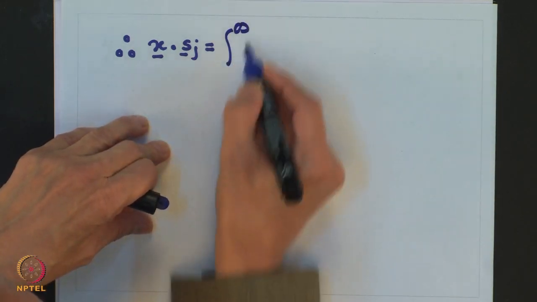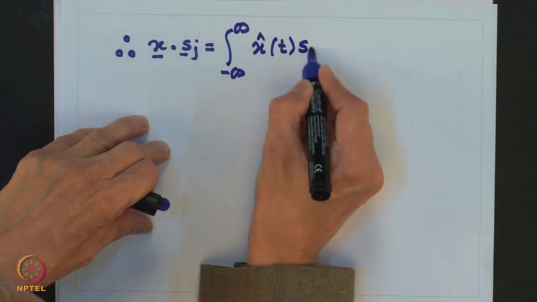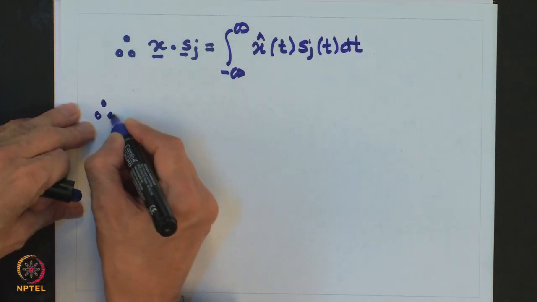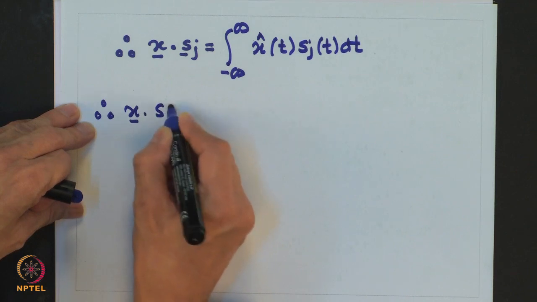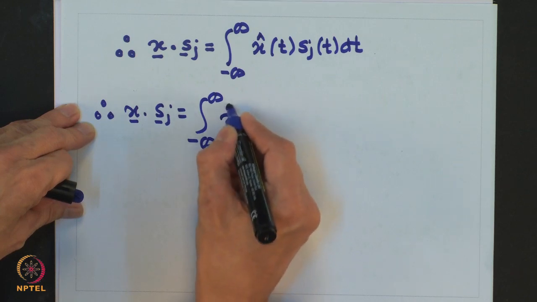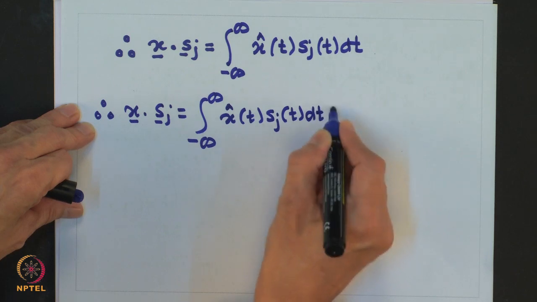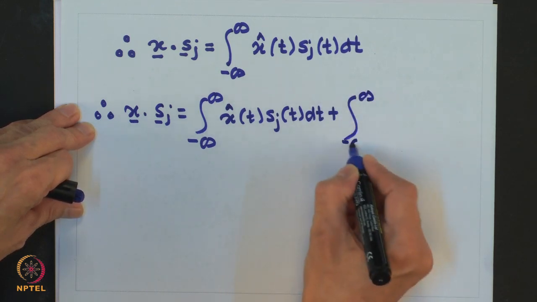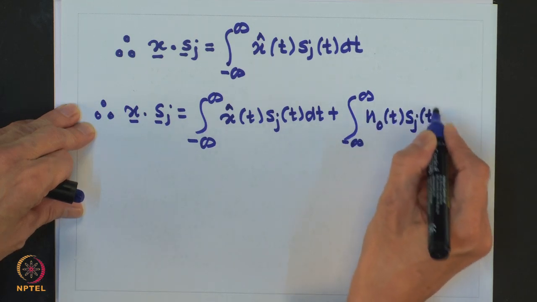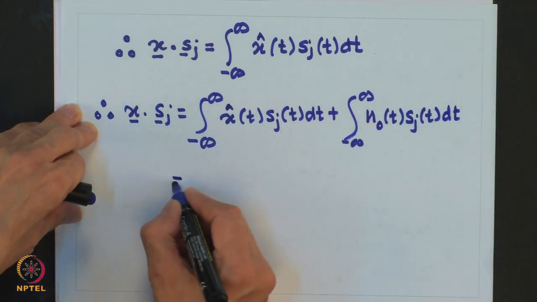This is equal to, therefore, this quantity which I am writing here, the second term is 0, we have just shown it, correct.